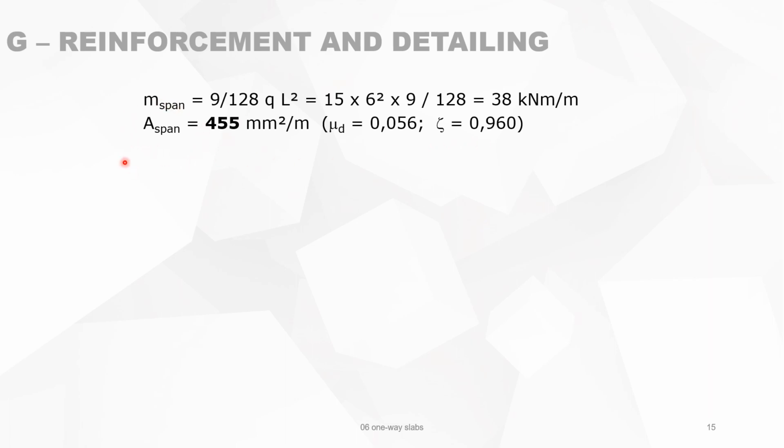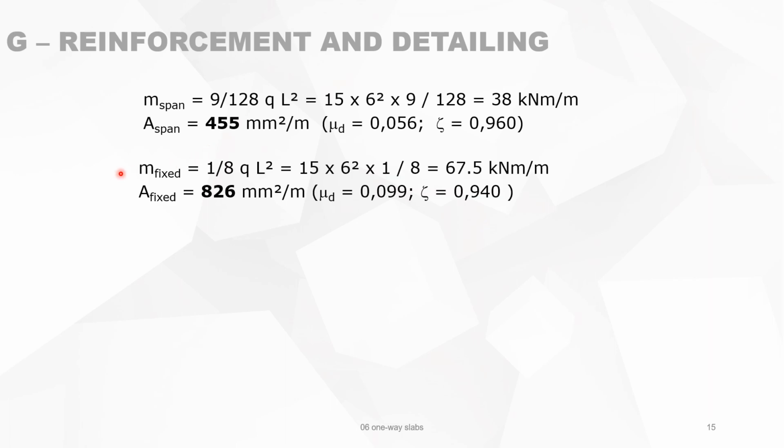Then we arrive at a needed reinforcement at the span for the sagging bending moment of 455 square millimeters per meter. At the support, when the support is fixed, we know that the bending moment there is 1/8 QL squared. It's 67.5 kilonewton meters per meter. We convert it through the concrete tables into a reinforcement and we need 826 square millimeters per meter.